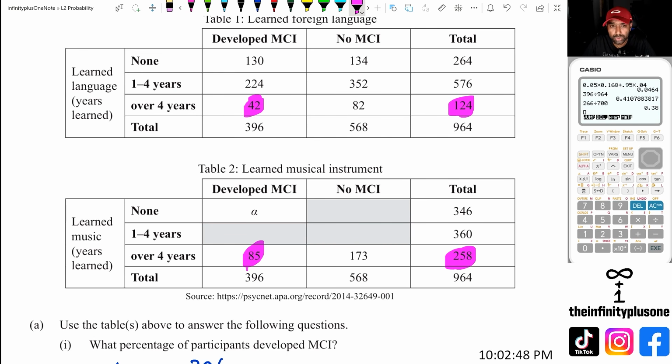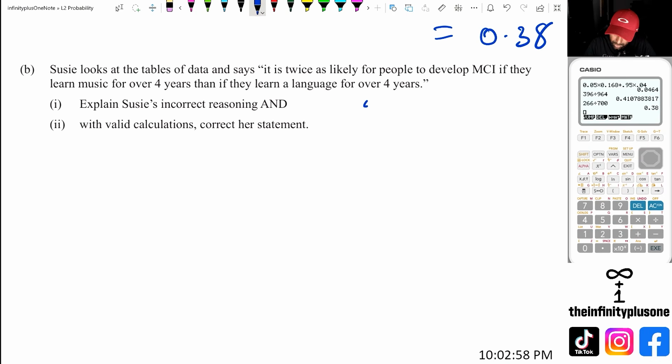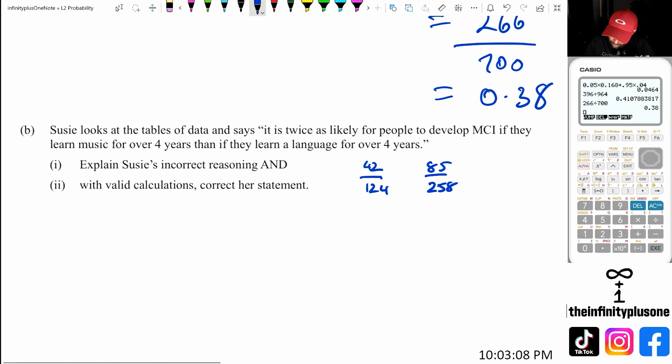So that's the proportions that we need to look at. We need to remember those numbers. 42 was language, musical instrument was 85.